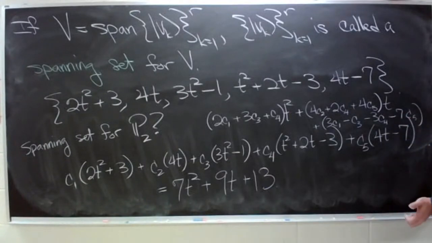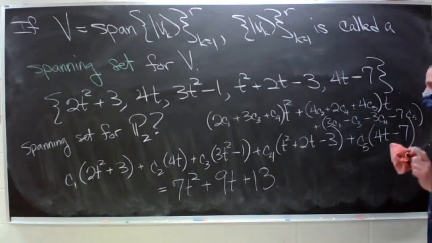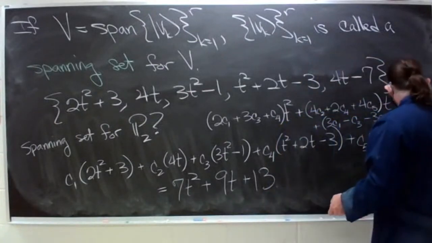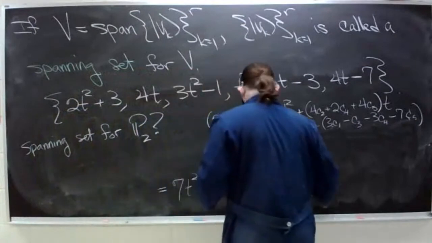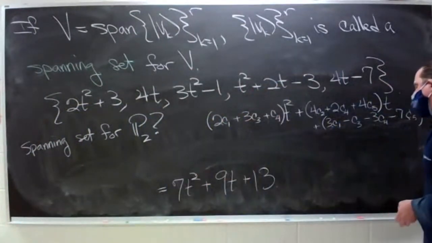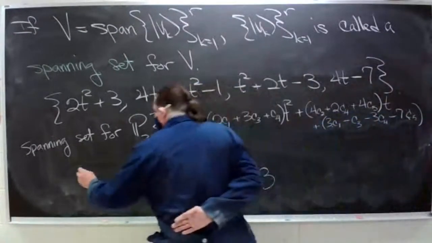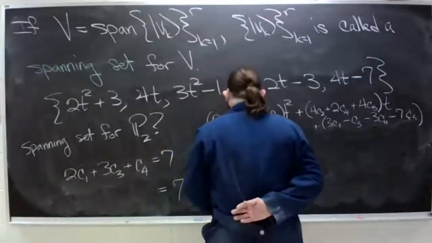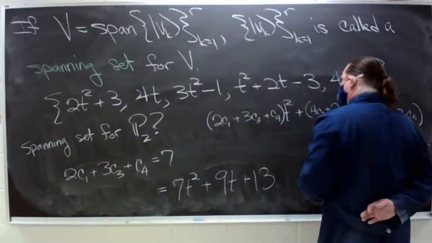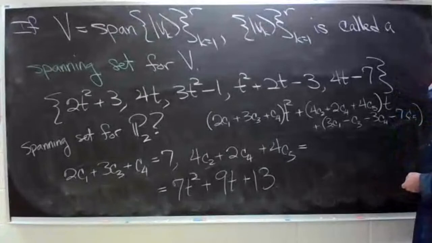All right, and we would get this annoying combination. But the standard thing that people will do is they'll say, if I want this combination to give 7t squared plus 9t plus 13, then I'll set 2c1 plus 3c3 plus c4 equal to 7. 4c2 plus 2c4 plus 4c5 equal to 9.